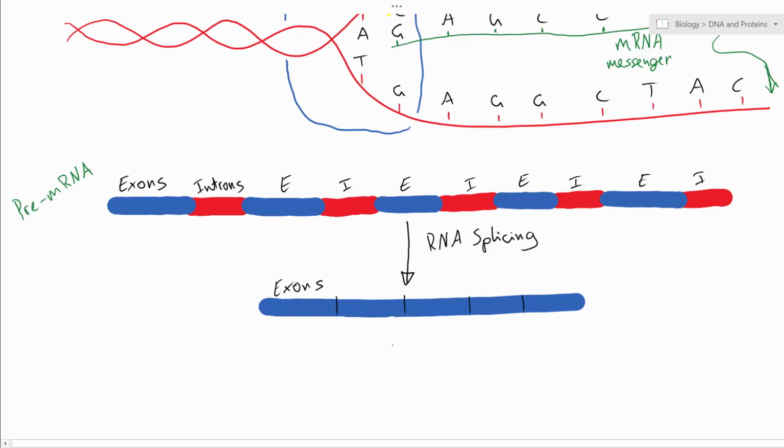And once this has occurred, we now have an mRNA molecule, messenger RNA molecule, which has travelled out to the cytoplasm of the cell, so protein synthesis part 2 can occur. We've got this information from a particular gene on the DNA of how to create a protein, as the DNA is unable to travel out of the nucleus. All right, so that is transcription. That's part 1 of protein synthesis.